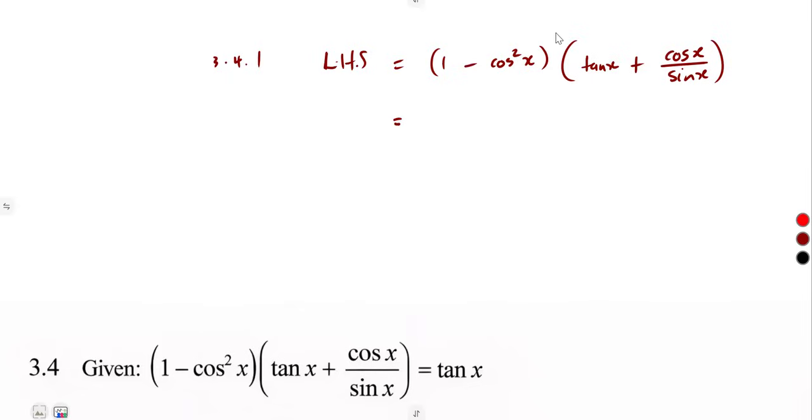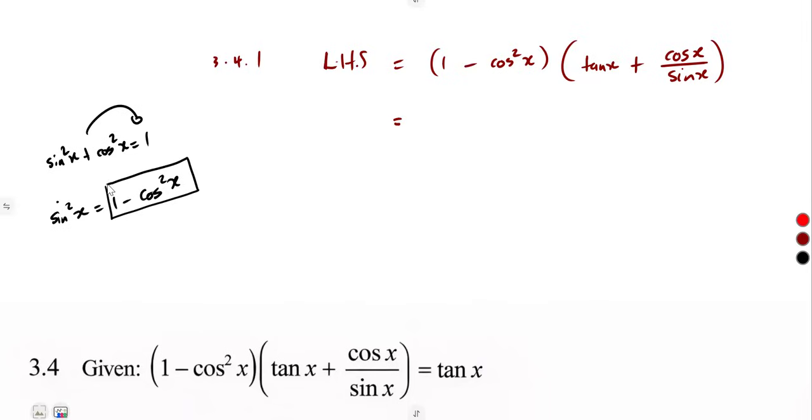All right. So remember our Pythagorean identities. The sine squared of x plus cos squared of x, which gives us a 1. If we take the cos squared, that will be a negative there. So meaning to say, sine squared x is actually equal to 1 minus cos squared of x. So where we see 1 minus cos squared of x, we're going to put what?